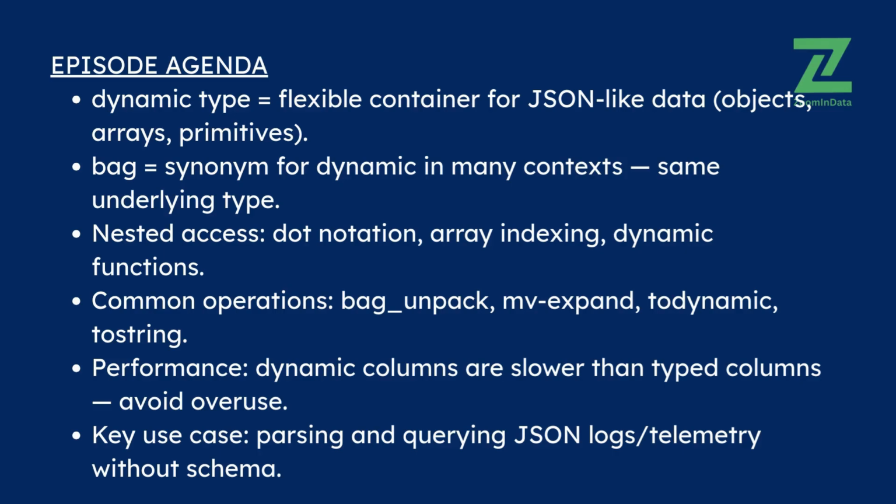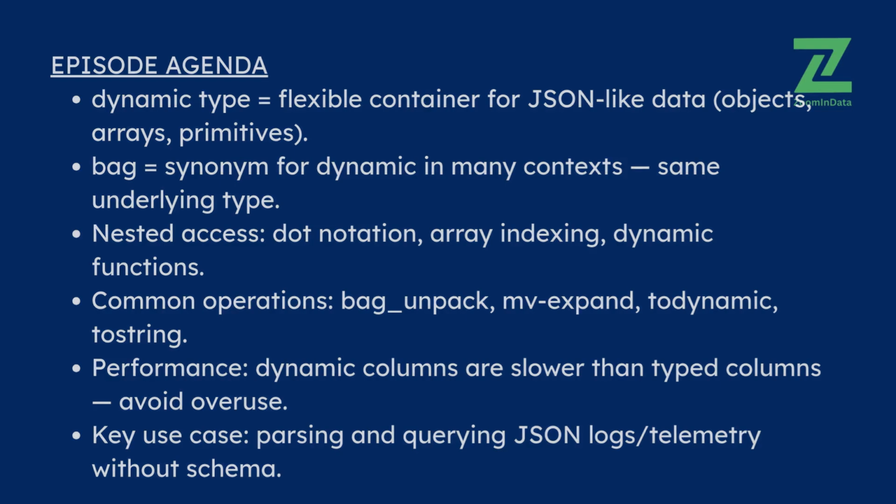Common operations include bag_unpack to flatten, mv-expand to turn arrays into rows, toDynamic to parse strings, and toString for output. Performance note: dynamic columns are slower than strongly typed columns. Avoid overuse in large datasets. The killer use case is parsing and querying JSON logs and telemetry without a rigid schema on read.